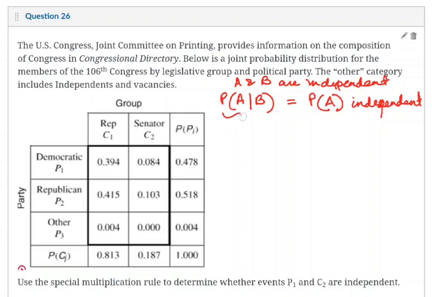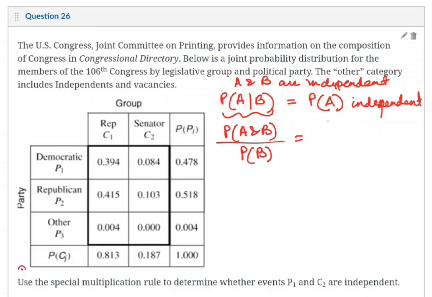However, probability of A given B, the conditional probability, has its own formula, which is probability of A and B over the probability of the given condition, probability of B, correct?